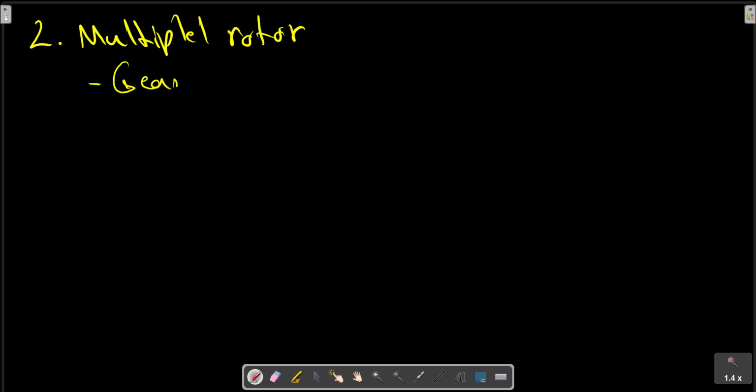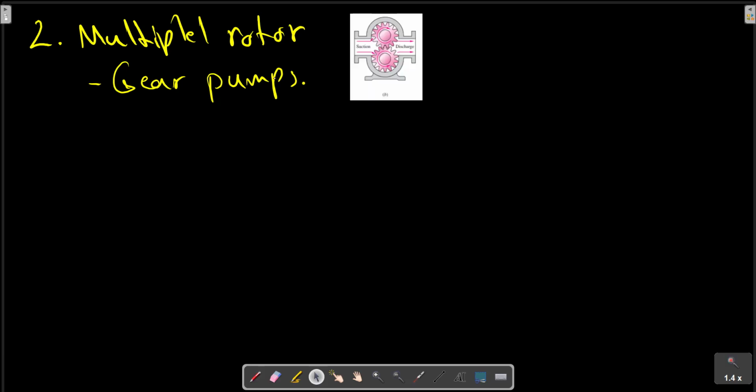The second one in the rotary pumps is the multiple rotors, such as gear pump, which is shown in this picture. This is a gear pump.